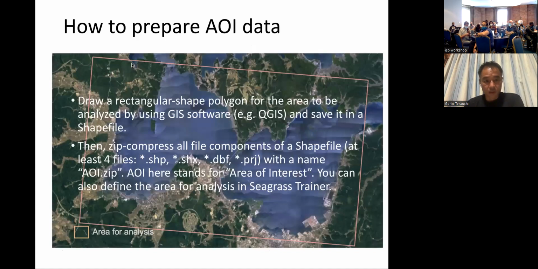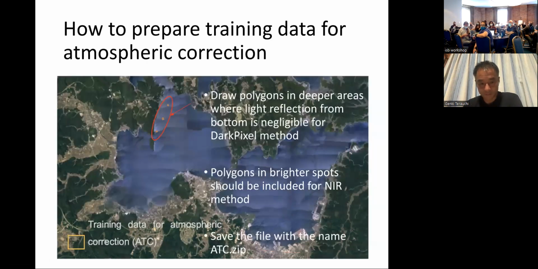Okay, how to prepare the area of interest? In this case, I just drew rectangular polygons like this, but it can be any shape. I will explain another example of an area of interest in the later part of my presentation.